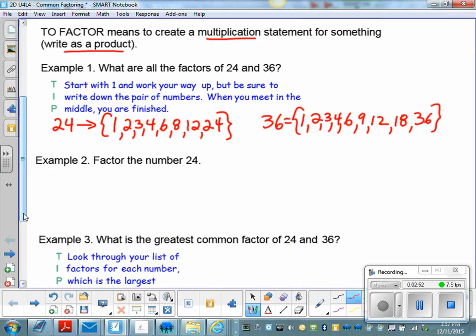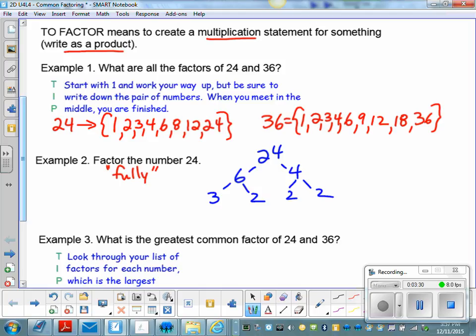Now, if we wanted to factor the number 24, if I was going to fully factor it, some of the questions that we will do in this unit will ask you to fully factor something. And to fully factor 24, probably our best way to do that, and you may remember doing this in elementary school, is doing a factor tree. So if I list a couple of numbers that multiply to give 24, and then I continue to break them down as far as I can, so 6 is 3 times 2, and 4 is 2 times 2.